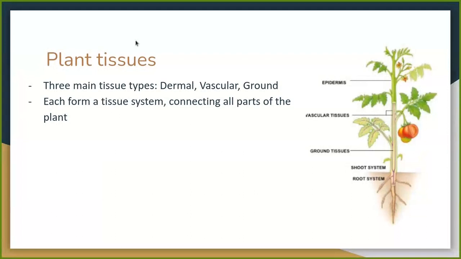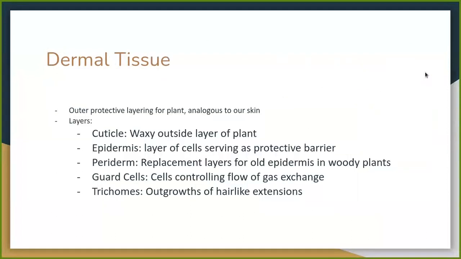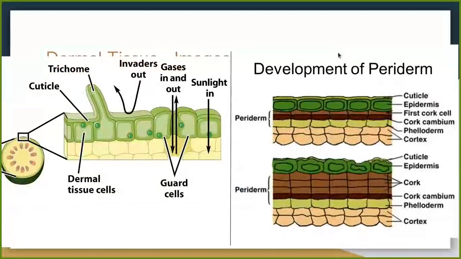So if we look at the diagram here, you can see what we just talked about. You can see the trichome is an extension of the dermal tissue, right? It stands out, it's a hair-like projection. You have the cuticle on the very outermost layer, and then under it the different layers that we talked about, including the epidermis and the periderm.